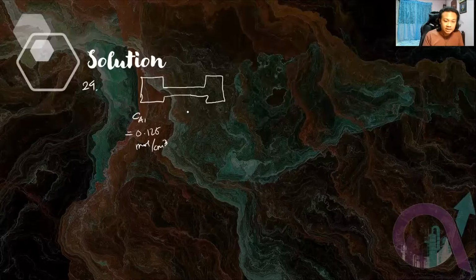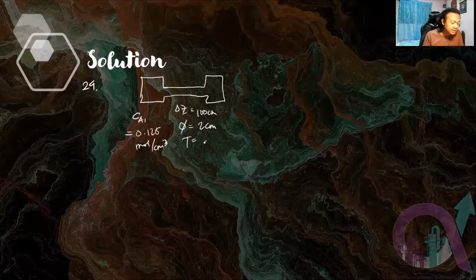The length of your diffusion path is 100 cm. The diameter of this tube is 2 cm. The temperature is 25 degrees Celsius or 298 Kelvin, and then CA2, in the same units, is lesser in concentration.